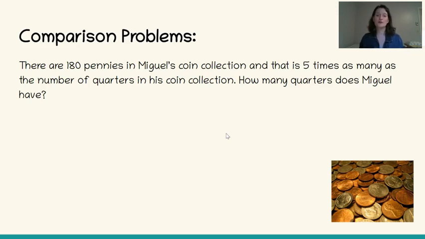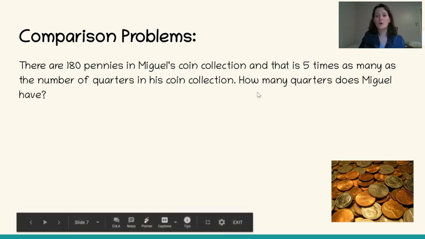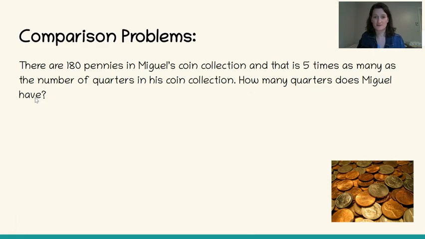Remember, with a word problem, we're always looking, what is the question asking us? We need to know how many quarters Miguel has. It tells us how many pennies, 180, and that is 5 times as many as the number of quarters. But we need to figure out the number of quarters. So let's use our comparison bars.